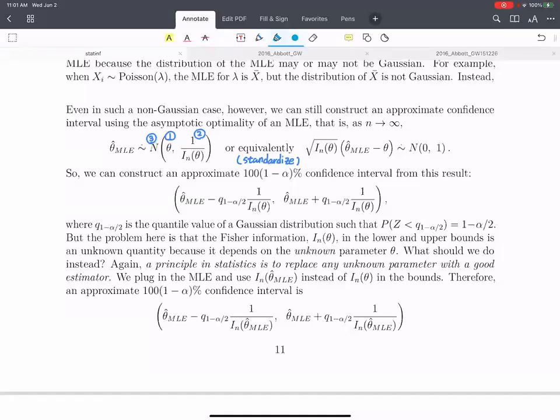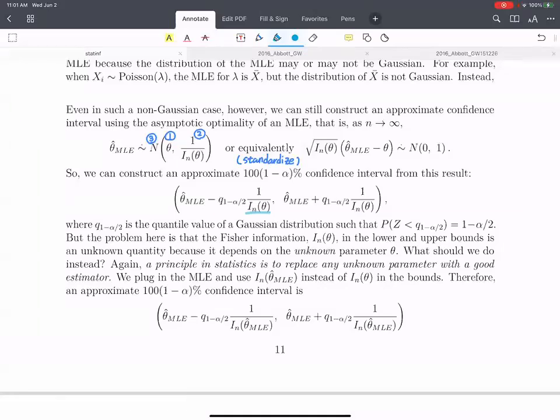But the problem is, the Fisher information here contains theta, but theta is unknown, meaning that we cannot calculate this Fisher information. So basically, we cannot calculate this confidence interval because the interval contains the unknown parameter theta. Then what should we do? Again, a frequentist principle in statistics is to replace any unknown quantity with its good estimator.